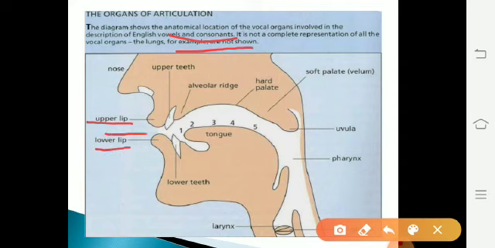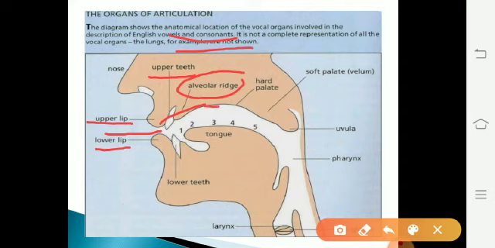When we enter inside the mouth, first we are going to see the upper teeth. The convex bony part of the mouth behind the upper front teeth is called the teeth ridge or alveolar ridge or alveolum.